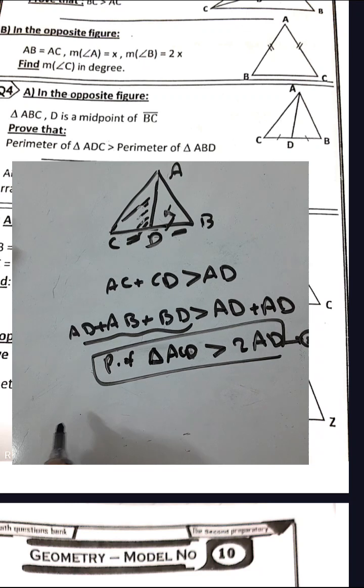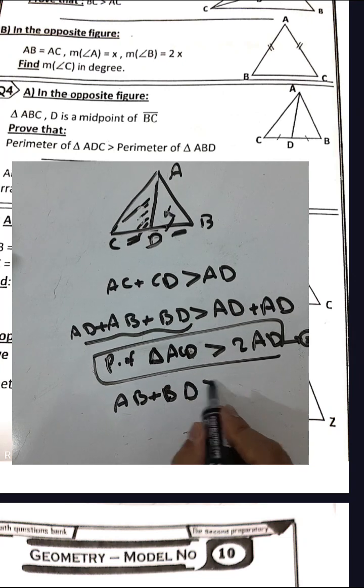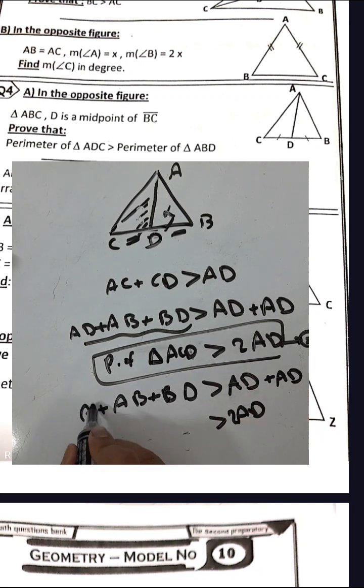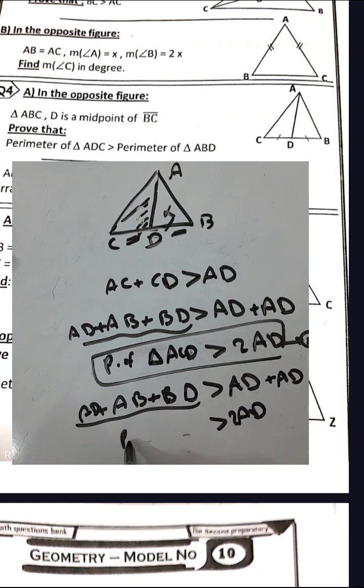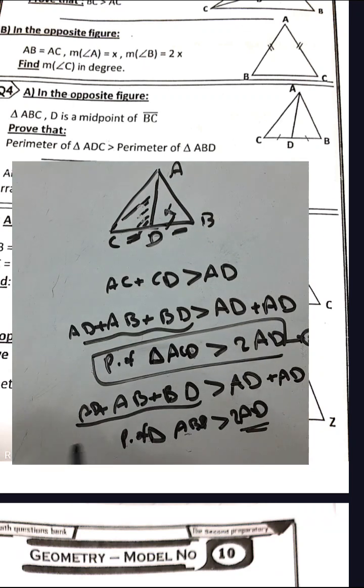And I want to find the perimeter of ABD. We can write AB plus BD greater than AD. If we multiply by 2 here, or we can add AD to the left-hand side and right-hand side. Add AD here, it will be twice AD less than the perimeter of this triangle ABD, greater than twice AD.